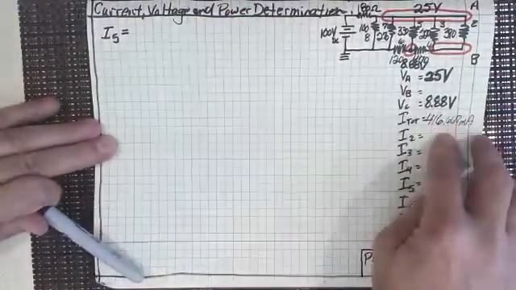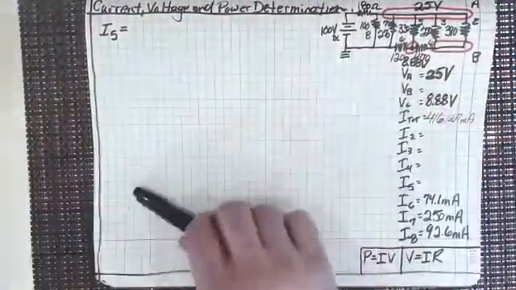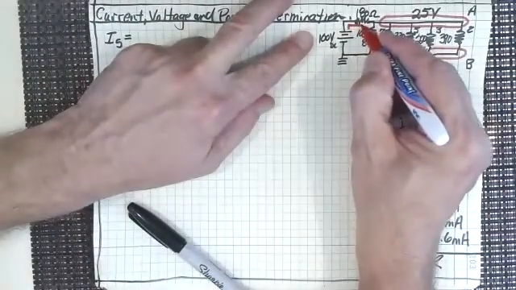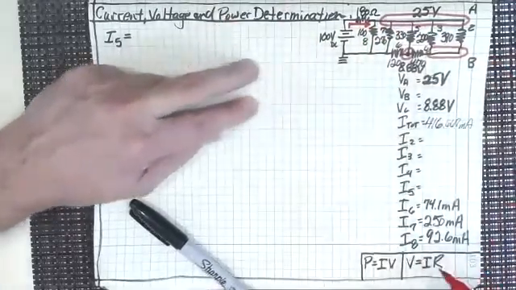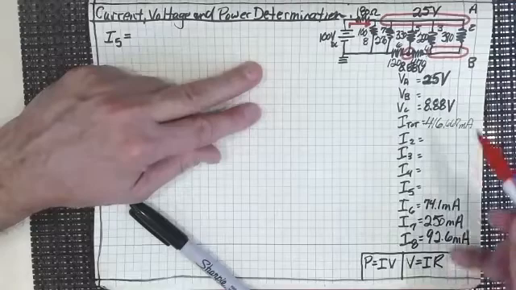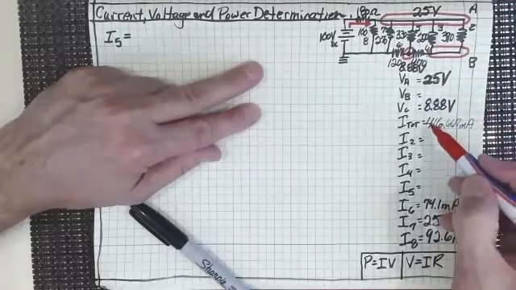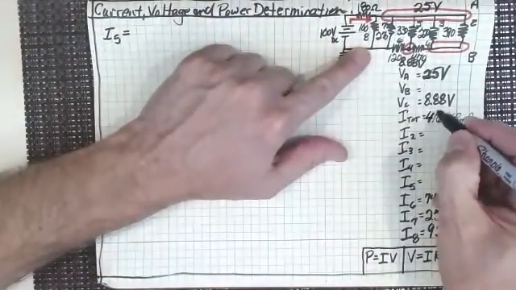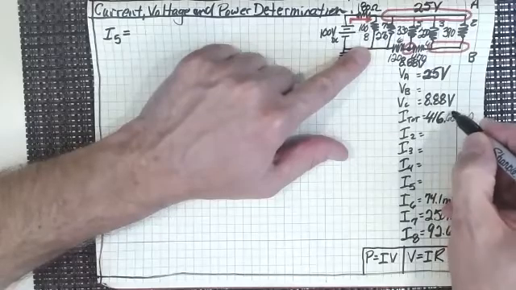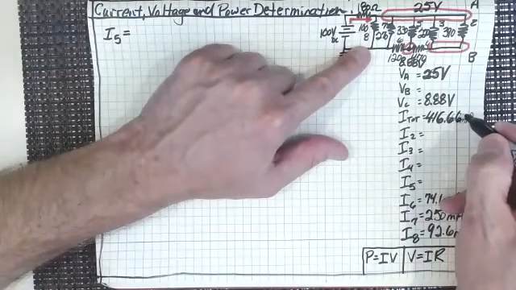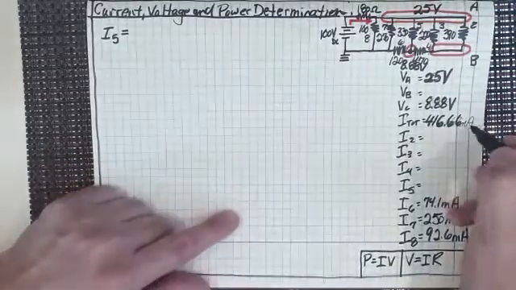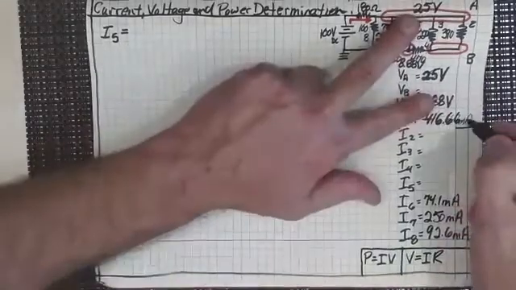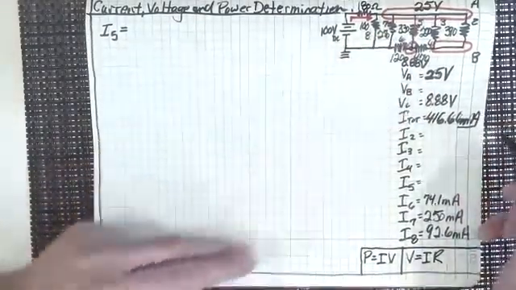All right, let's find out what I5 is, and here's what I'm saying. Where is the current flowing? So we know that the current is flowing out here, right? And we figured out what that total current is at I1. That's 416.667 milliamps.